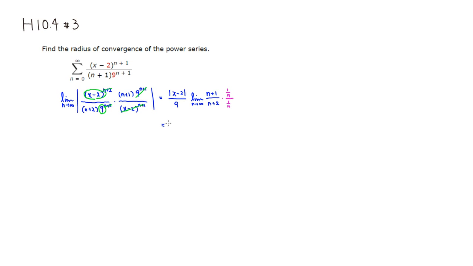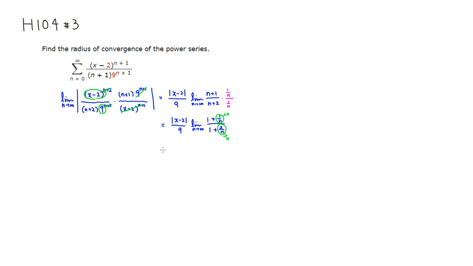We get absolute value of x minus 2 over 9, and we take the limit as n approaches infinity. n divided by n is 1, and 1 divided by n is 1 over n. n divided by n is 1, and 2 over n is 2 over n. We know that 1 over n approaches 0, and 2 over n also approaches 0, so it's 1 over 1, which is 1.